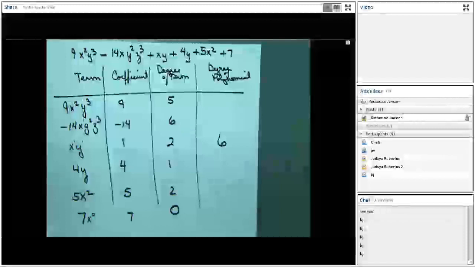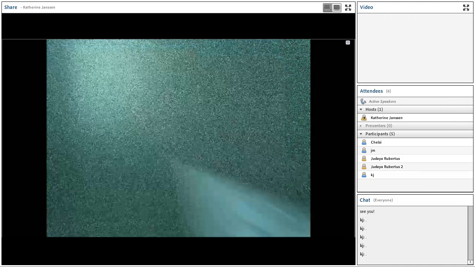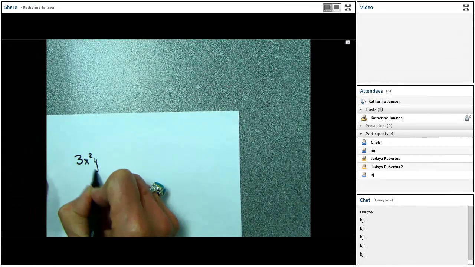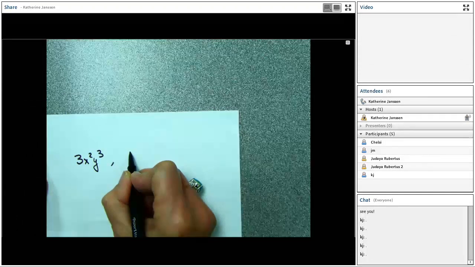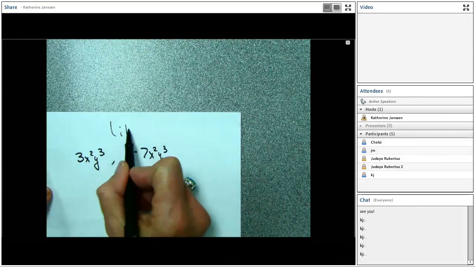Like terms have exactly the same variables with exactly the same exponents. So 3x squared y cubed and a negative 7x squared y cubed are like terms.